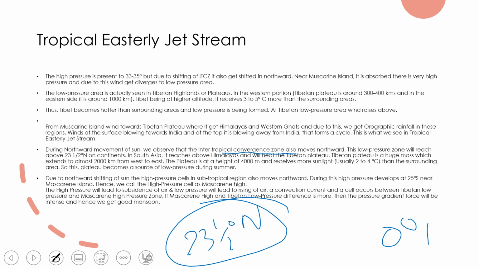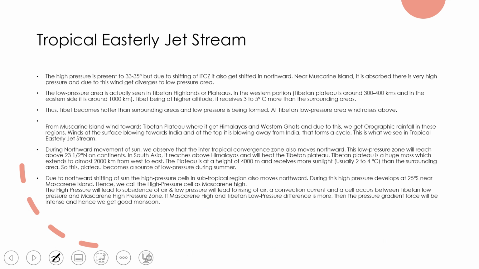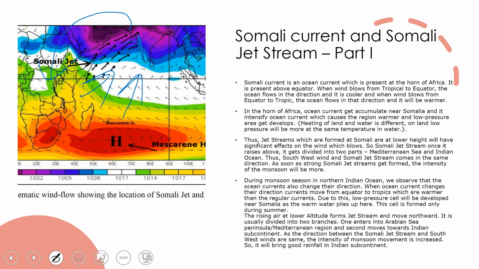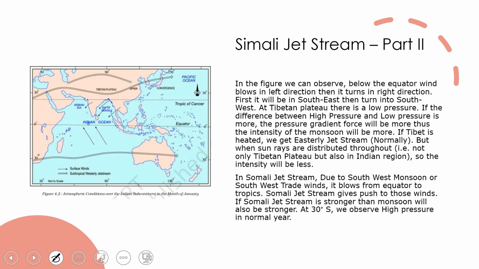So in South Asia, that is our India and all, it reaches above the Himalayas and will hit the Tibetan plateau. What it is saying is that the shifting of the ITCZ will be so intense that it crosses the Himalaya.